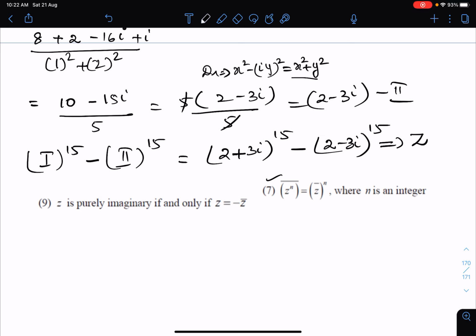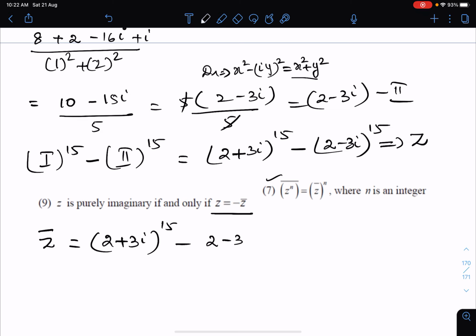We take Z and we take the conjugate of that. So Z bar is going to be, according to this rule, 2 plus 3i to the power 15 minus 2 minus 3i to the power 15, the whole conjugate. You are going to take the whole conjugate.